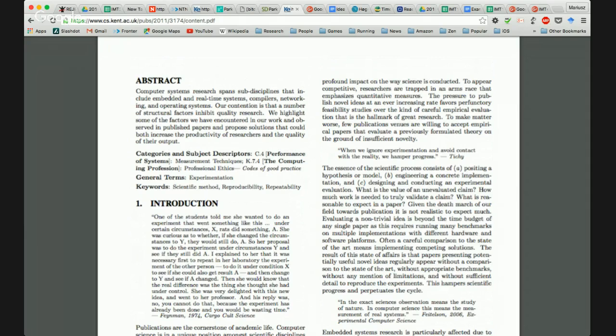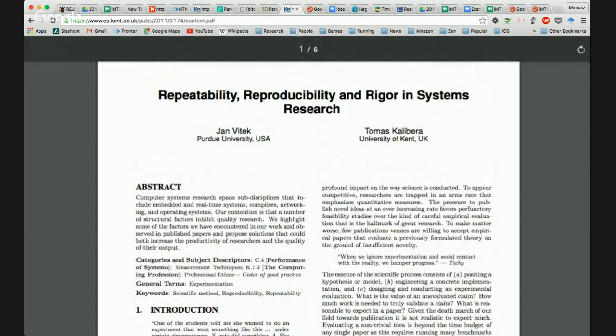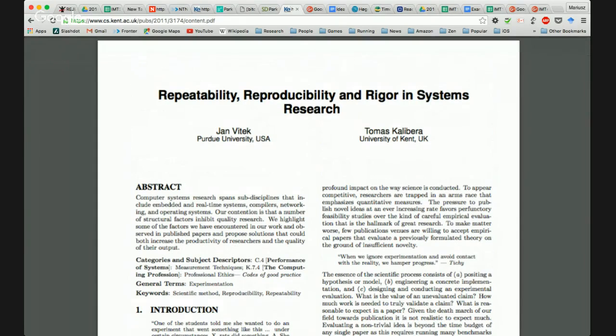The title is repeatability and reproducibility. What's the difference between those two terms? What does it mean I repeated something, and what does it mean I reproduced something? You repeat the experiment and the methods that the paper used. Yes. But reproducing means reproducing the whole paper. Almost. So the first one is true.